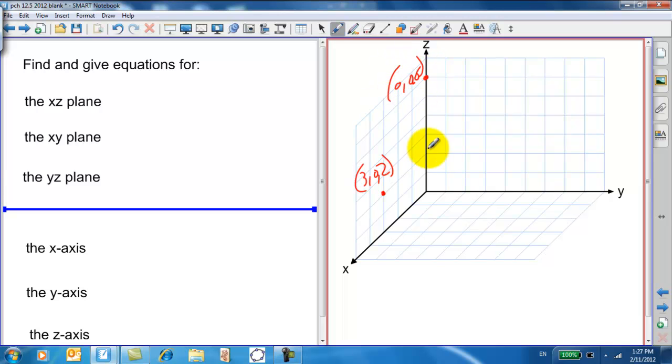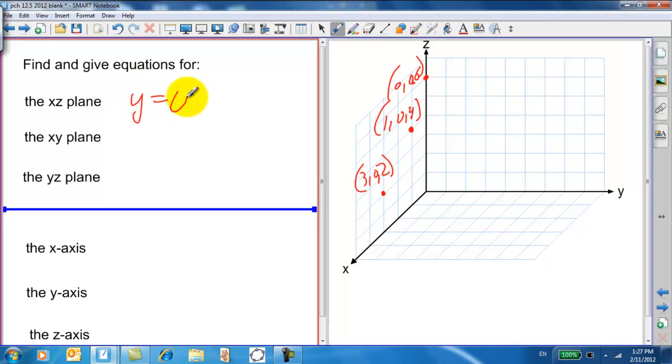Let's get one more. Maybe we'll see a pattern here. Let's do 1, 0, 4. What do these all have in common? A y coordinate of 0. So the XZ plane is y equals 0. The xy plane, z equals 0, and the yz plane, x equals 0.